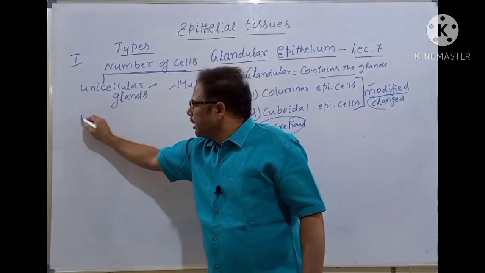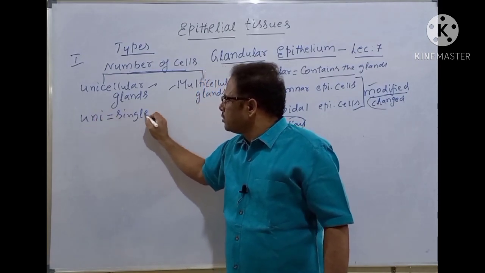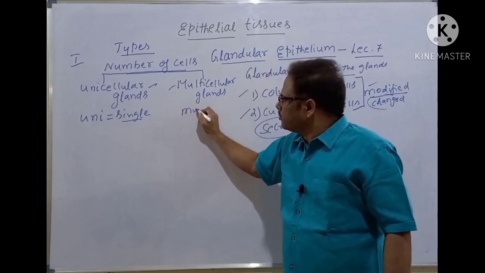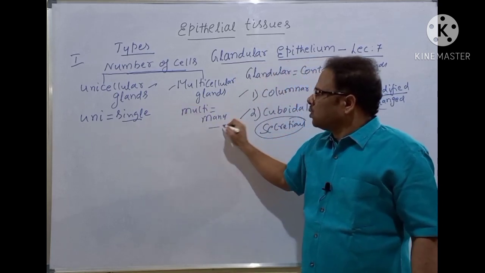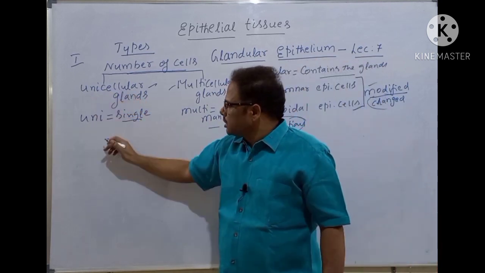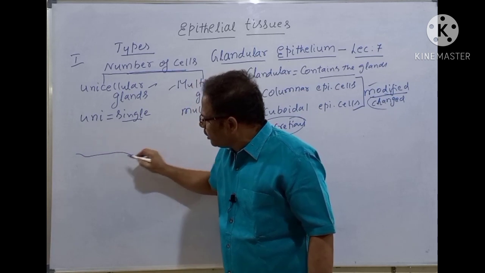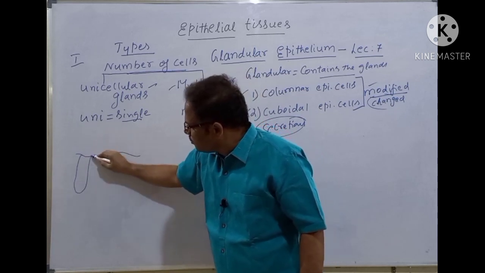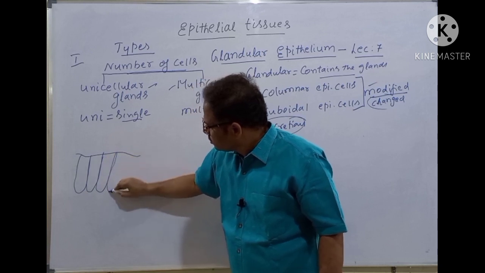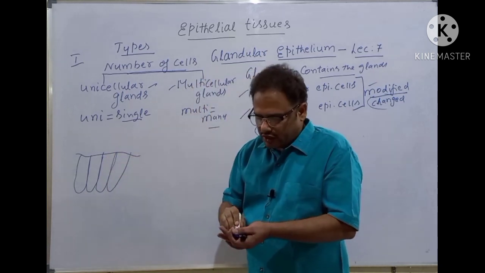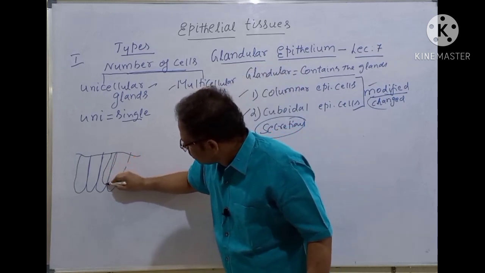What is uni? Uni means single, and multi means many. So as the name indicates, this is only one gland. For example, these are the different epithelial cells. Here is the goblet cell.